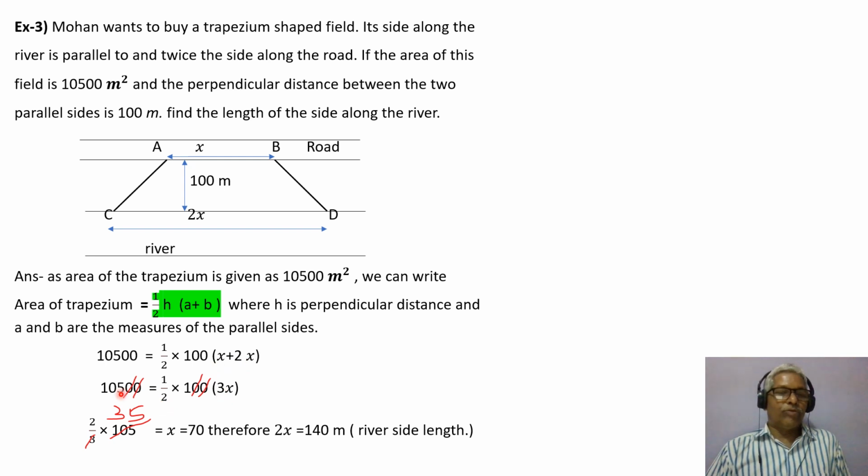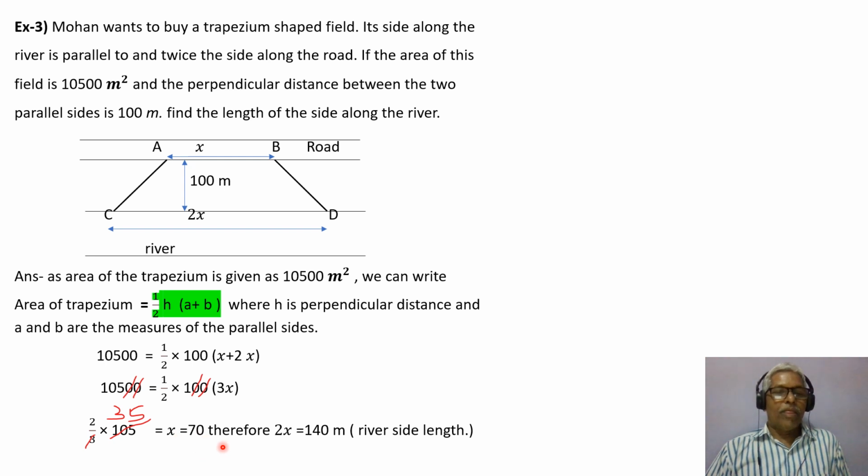Okay, then this will go here and this will come down. So like that, if you see, this 2 will go there, and 3 will come down here. So 3 ones are 35, 2 into 35 is equal to 70. x equals 70. This is the value of x.